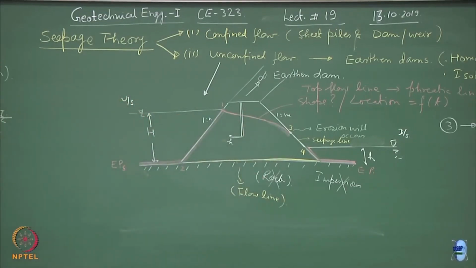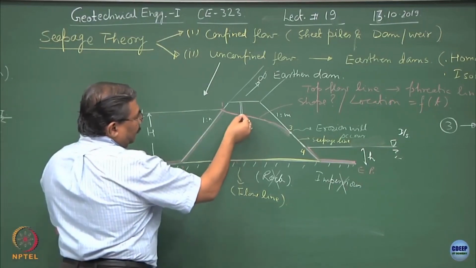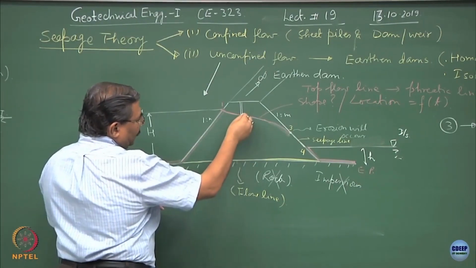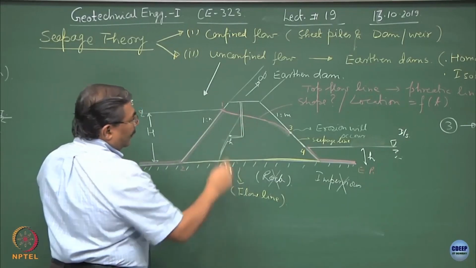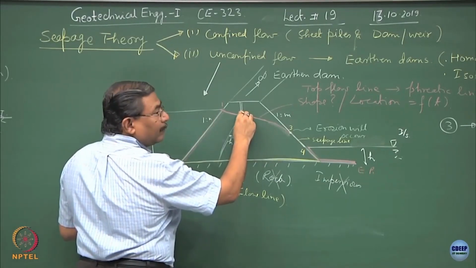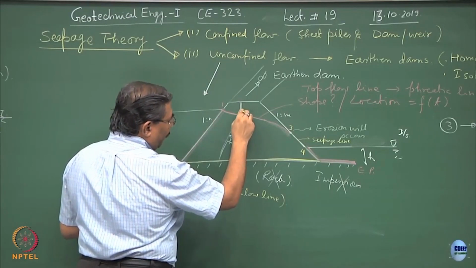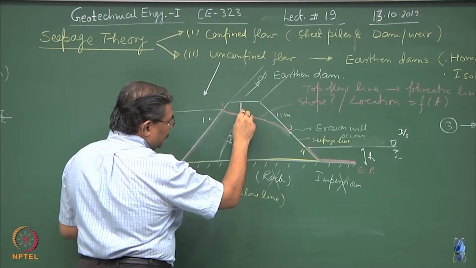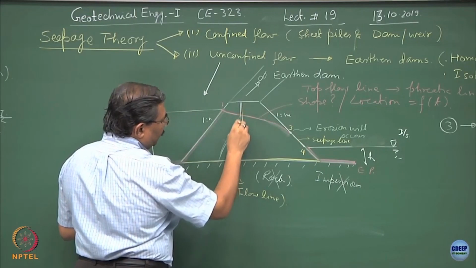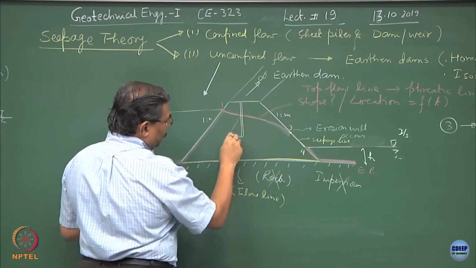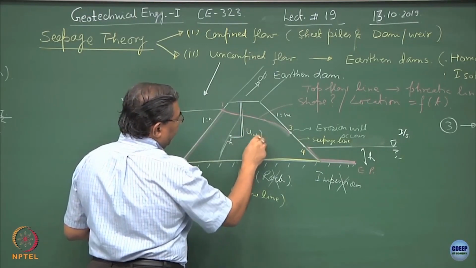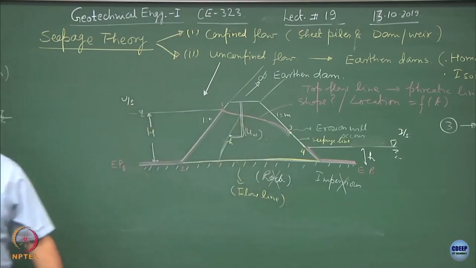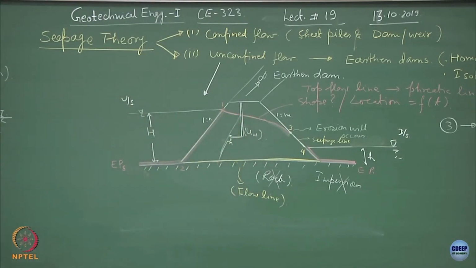When we draw the flow net, we will discuss this in detail. That means, if I draw an equipotential line passing through the point H, and this is the top flow line where the phreatic line is, the distance between the point of intersection of these two and this element is going to be the pore water pressure at point H. I will explain it again later.